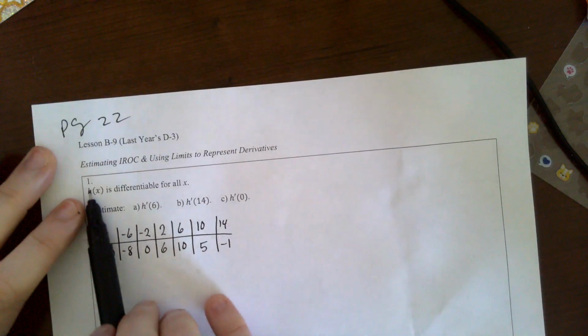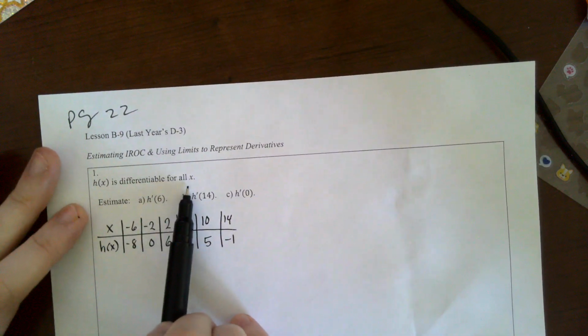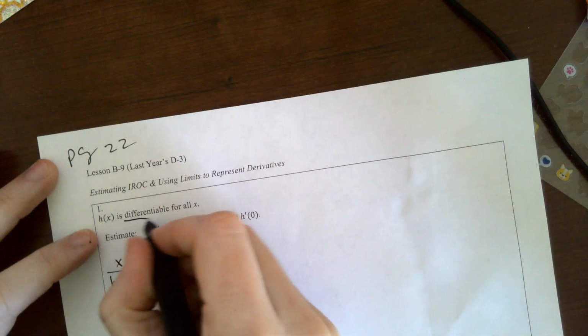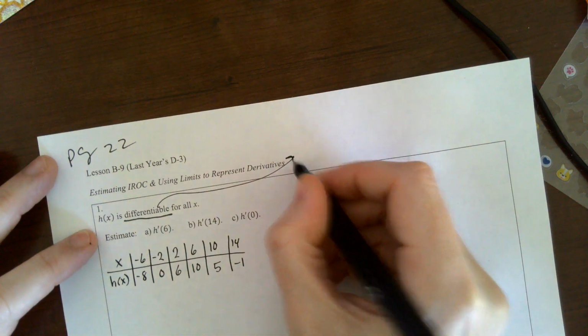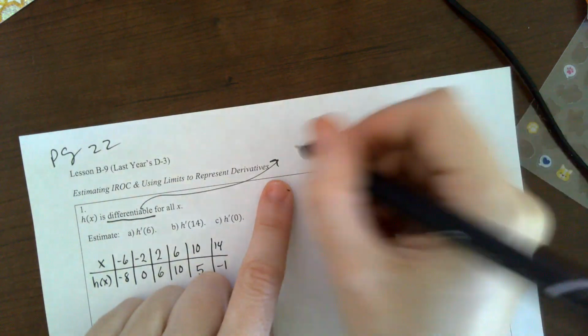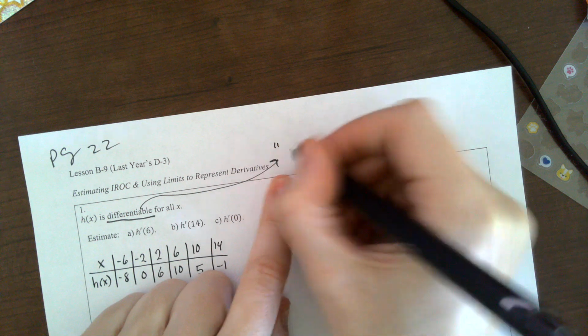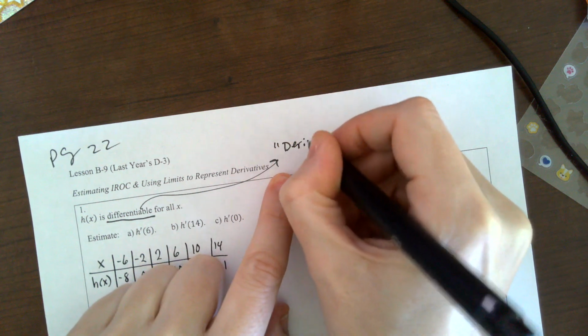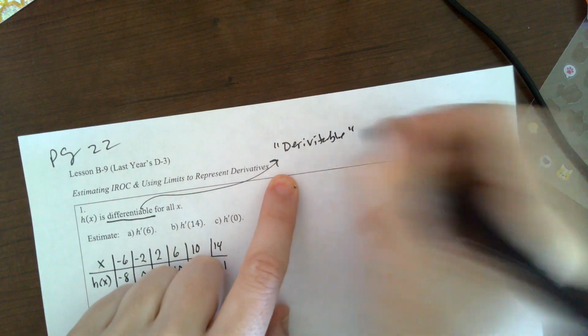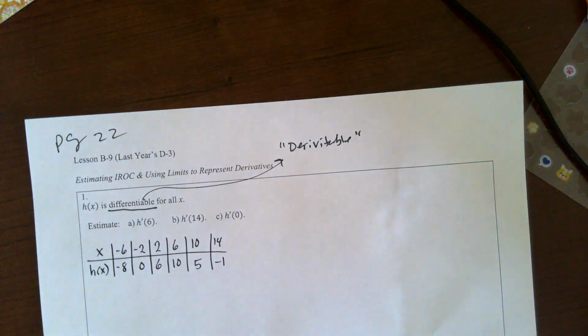Alrighty, number 1, h of x is differentiable for all x. Differentiable. This is not really a word, but I've heard some students say derivatable. It's not a real word, but it makes sense. Differentiable means derivatable. You can take the derivative. The derivative exists.